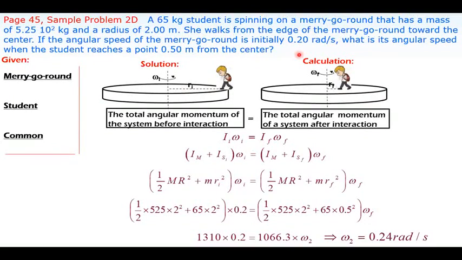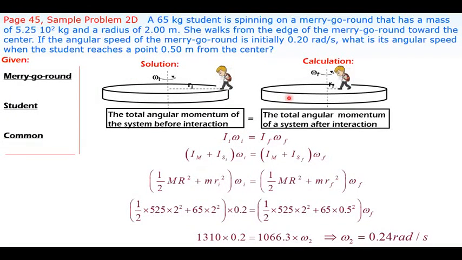The equation: total angular momentum of the system before interaction, I initial omega initial, equals total angular momentum after the interaction, I final omega final. As I said, there are two components of the system: the merry-go-round, I of merry-go-round, and the student, I of student.